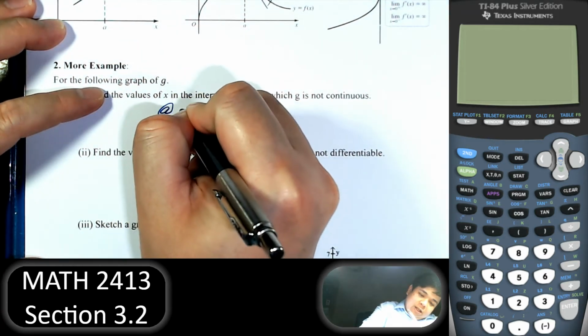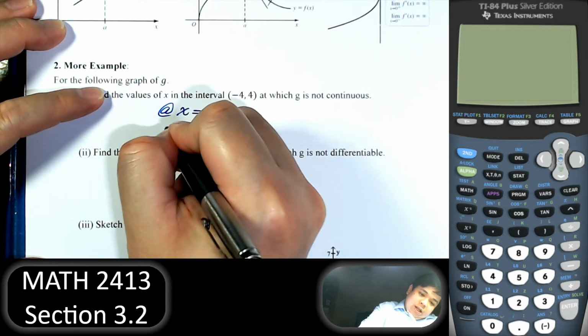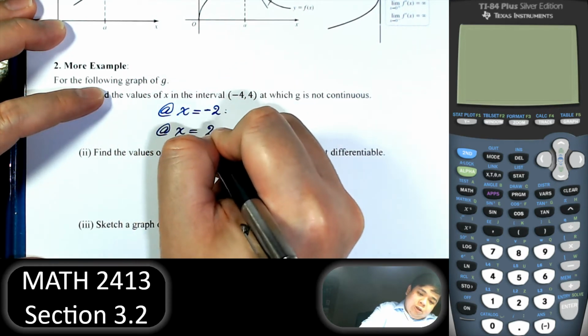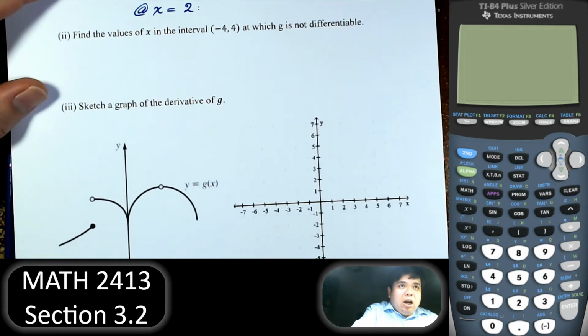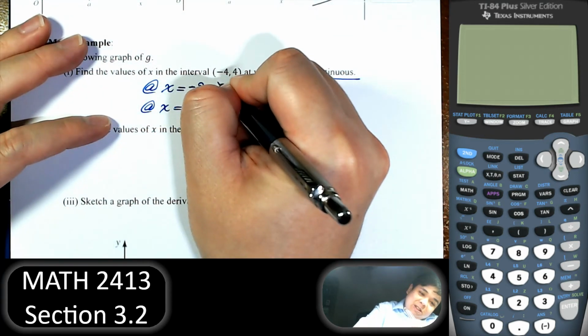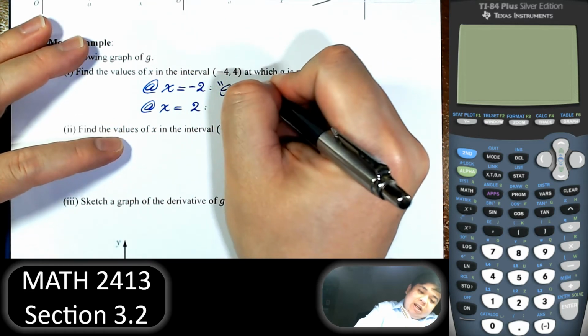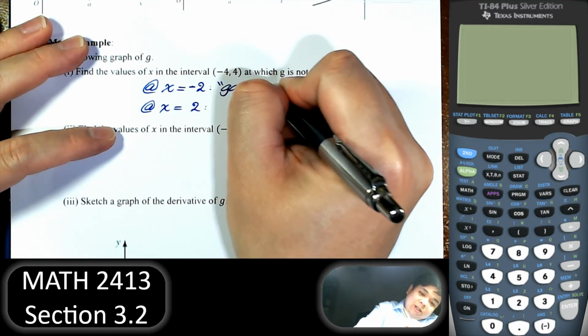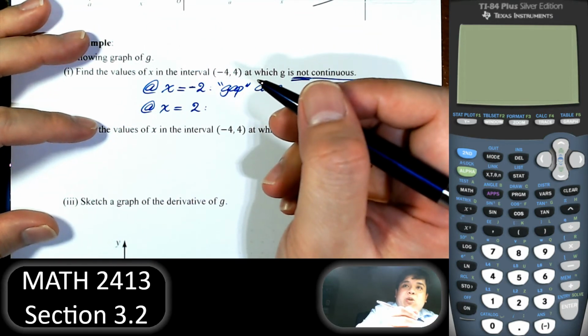Furthermore, at -2, there is the gap, a discontinuity. Or I think the better word for that is a jump.